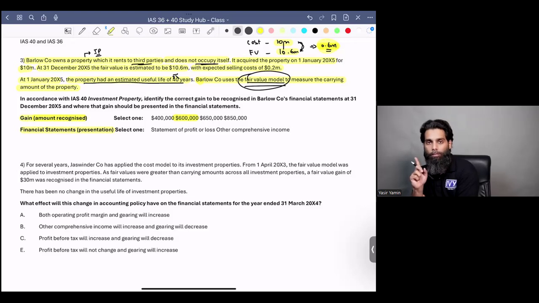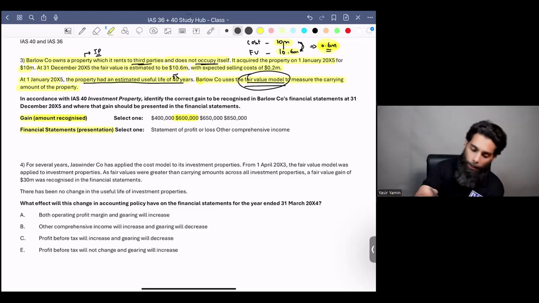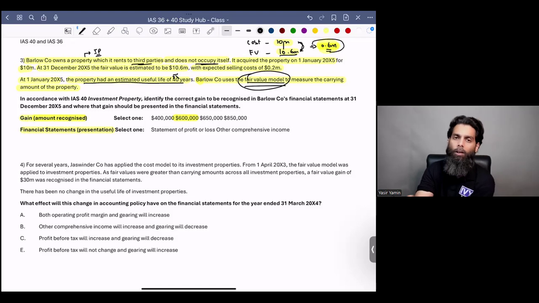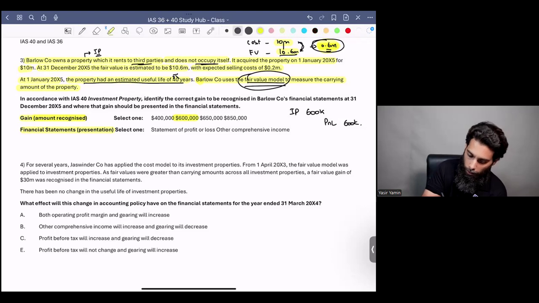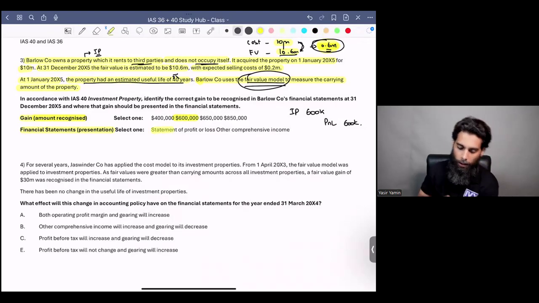Nadia, no, not OCI. See, you had a property of $10 million. Fair value was $10.6 million. 0.6 million or 600,000 was the gain. The accounting entry should be investment property 600,000 debit, P&L 600,000 credit. So it's not OCI, it's P&L.